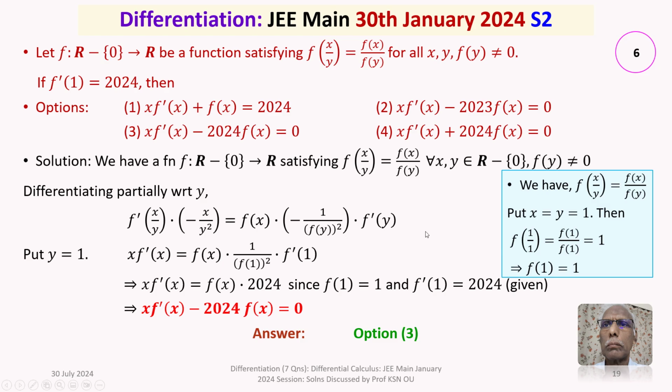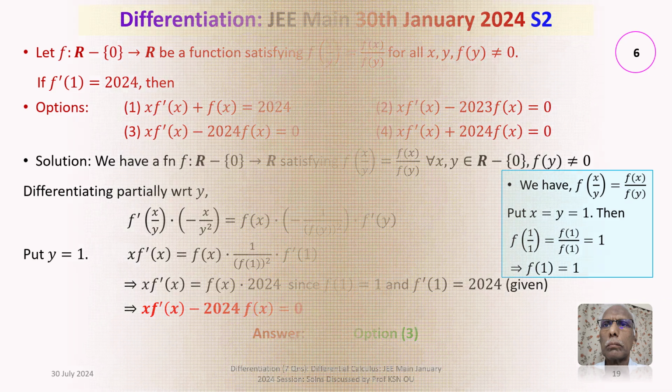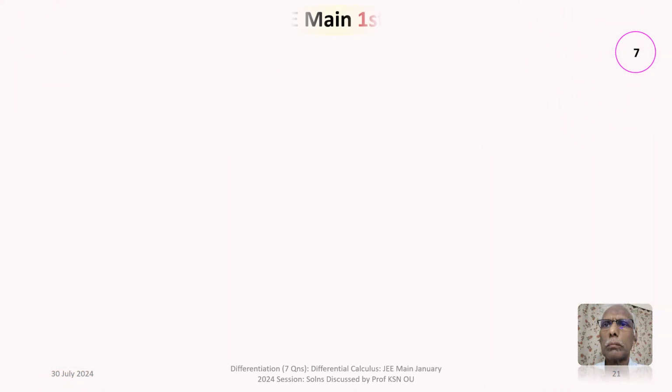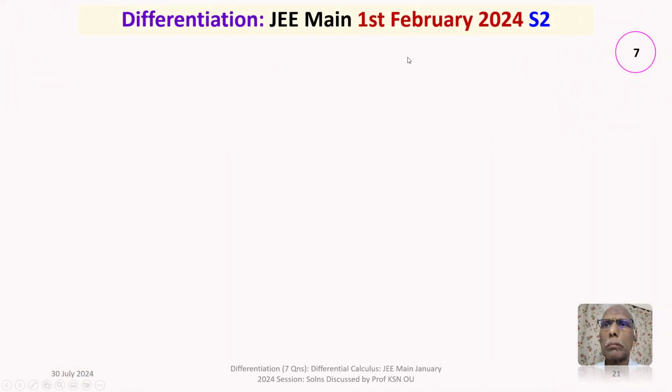This is again a very simple and straightforward question, but it is an interesting question. We now move to the next question. This question has appeared in the JEE Main exam held on 1st February 2024 in the second shift.